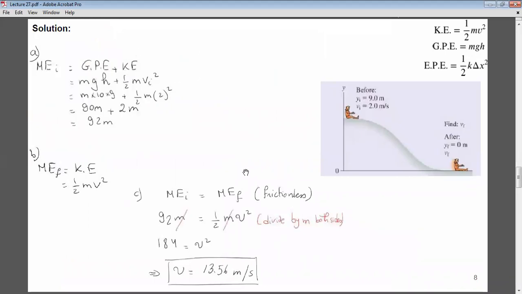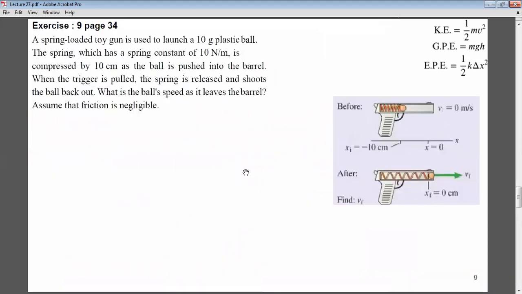The solution is here. Let's do another exercise which involves a spring, okay? So a spring-loaded toy, it's a toy, is used to launch a 10 grams plastic ball. So they're giving me the ball m equal 10 grams, okay?